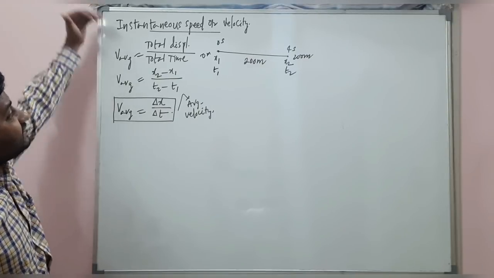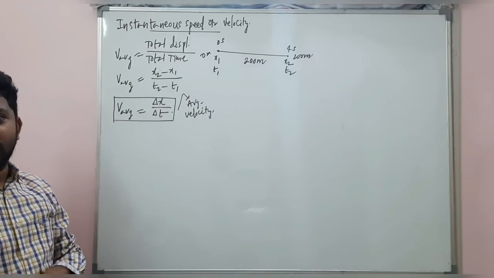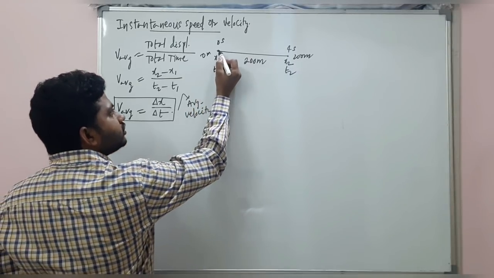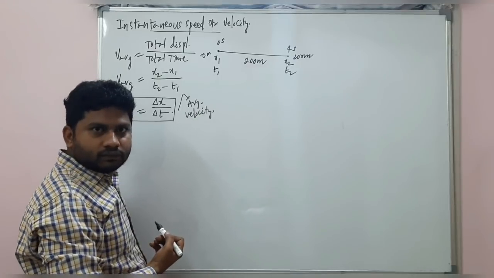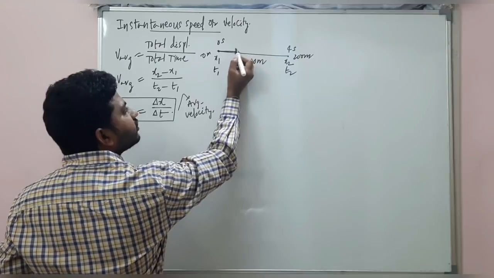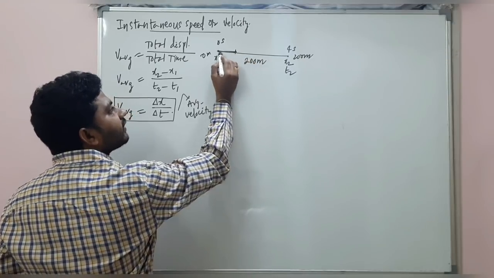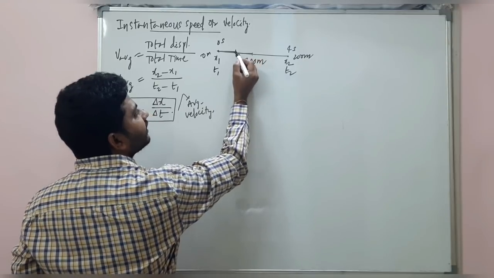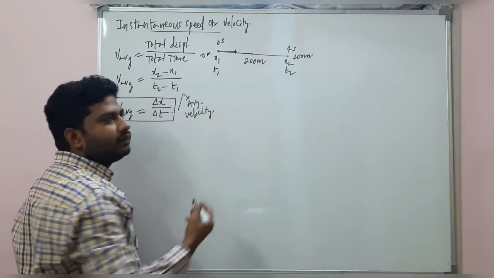Now the topic is instantaneous speed or instantaneous velocity. Look here, 0 seconds. From 0 to 1 seconds, the body travels from here to here. From 1 second to 2 seconds, it travels from here to here.